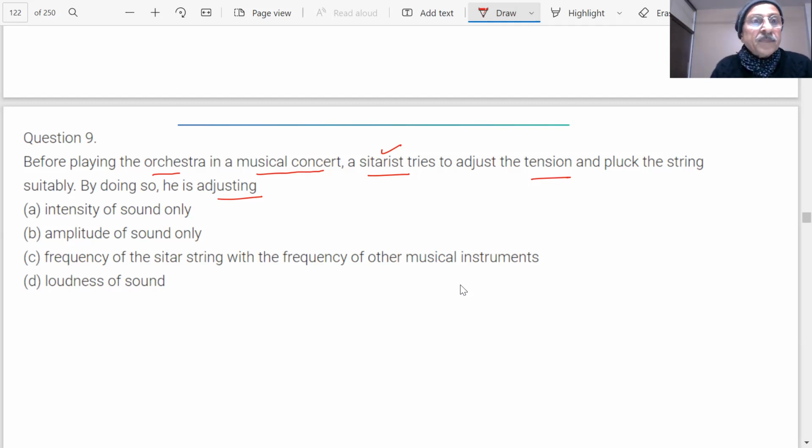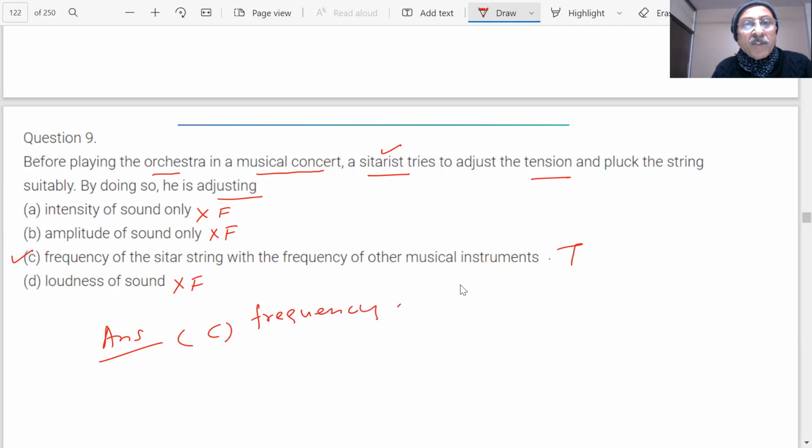Sir, option C. Intensity of the sound is false, amplitude is false, frequency of the sitar string with frequency of other is true, loudness is false, therefore the answer of this is C. So he is trying to adjust the frequency of the sitar string. That is the correct answer.